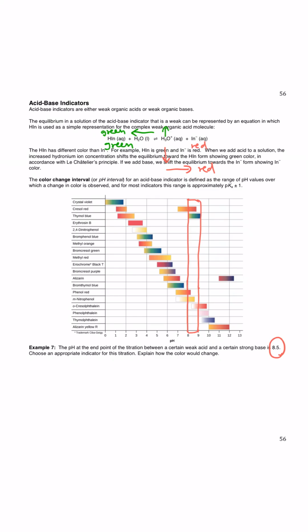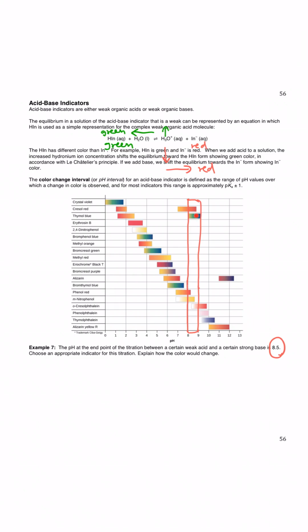The reason is that under acidic condition it's going to become yellow, and it's going to change color around 7.5, and anything above 8 is already red. Therefore, you will not see the color change at 8.5. So if you choose this indicator, you are going to stop the titration before it has reached the end point.